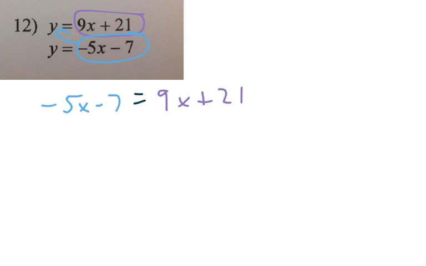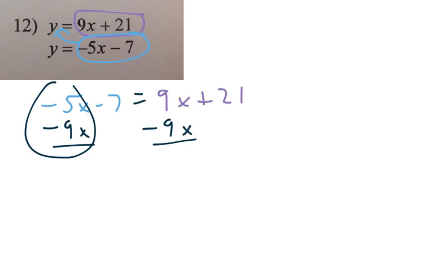Okay, so if you understand that step, now it's just a matter of solving the equation. So how about if we minus 9x both sides? Some of you prefer to keep the x's on the left side of your equation. So notice we end up with negative 14x minus 7 equal to 21. Because again, 9x minus 9x is 0, right?